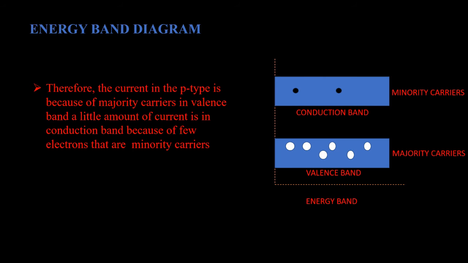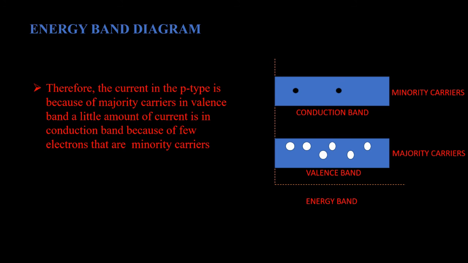This is the energy band diagram. In this, the lower part is the valence band and the upper part is the conduction band. Valence band contains the holes, that is majority carriers for the p-type semiconductor, and conduction band contains electrons, that is minority carriers for the p-type semiconductor. Once the impurity is inserted into the pure semiconductor, many number of holes are formed in the valence band.